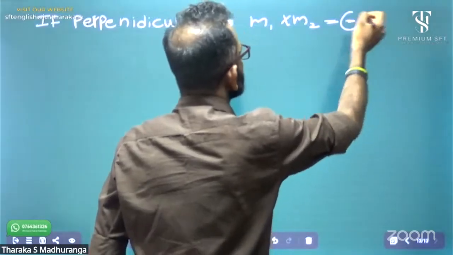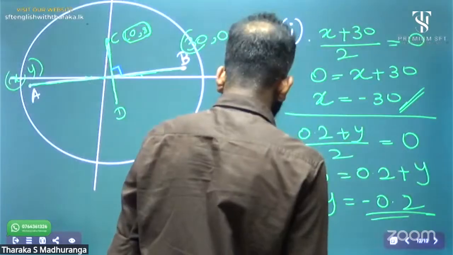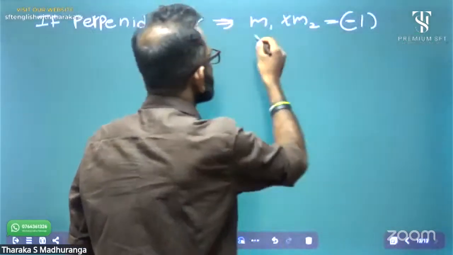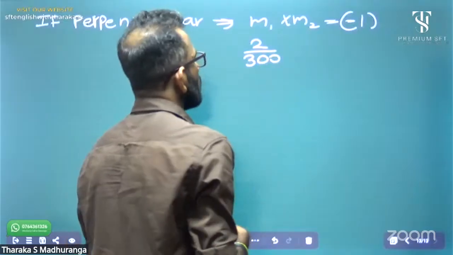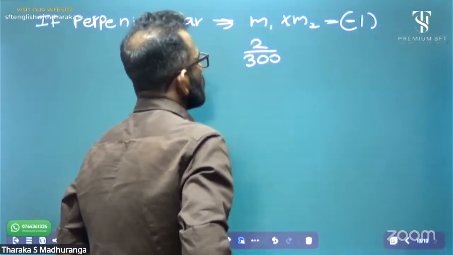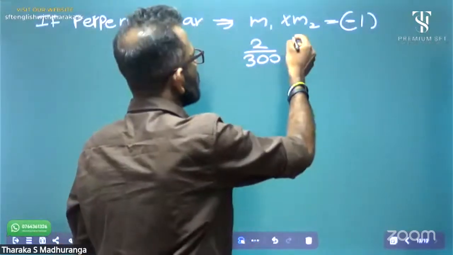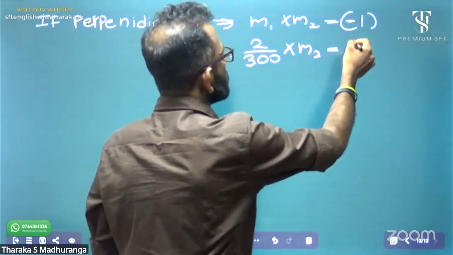That's a constant. The M1 value is already found, that's 0.2 over 30.